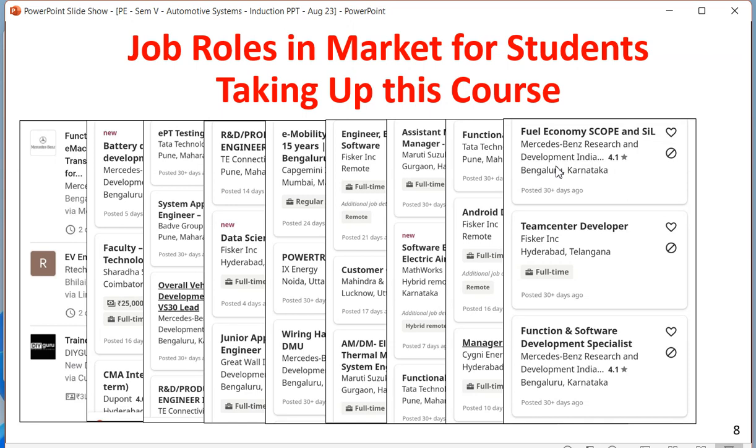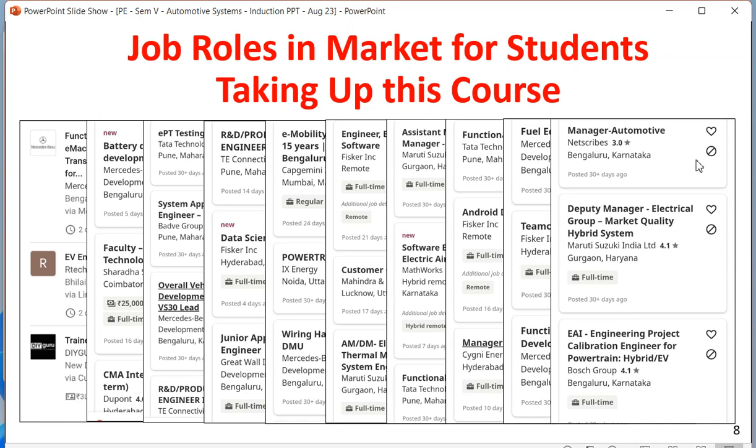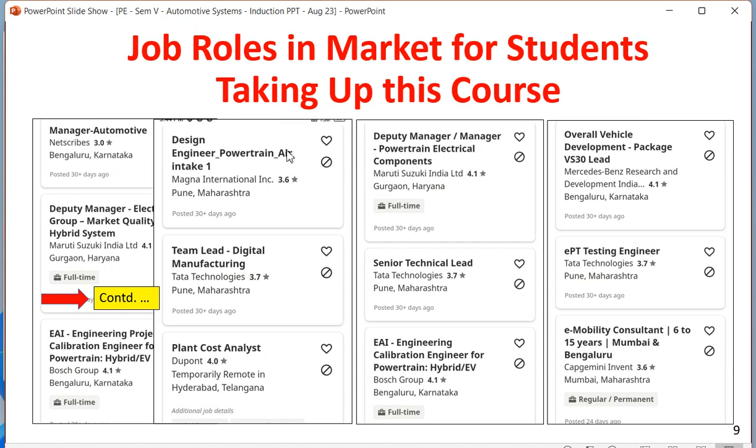So this is also our domain; even mechanical people can apply for it. Function and software developer, and there are jobs for manager, deputy manager, EAI, etc. Some more jobs here: design engineer, team lead, plan cost analysis, deputy manager, senior technical lead, engineering calibration engineer. So this is also the EC engineers' field, and overall vehicle management, EPT, and finally e-mobility consultant.